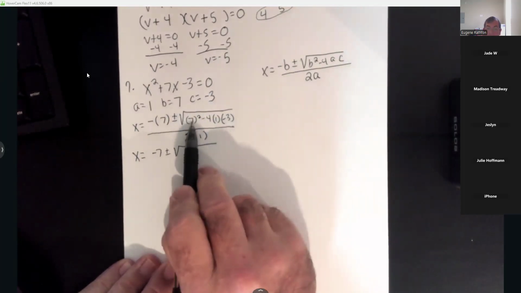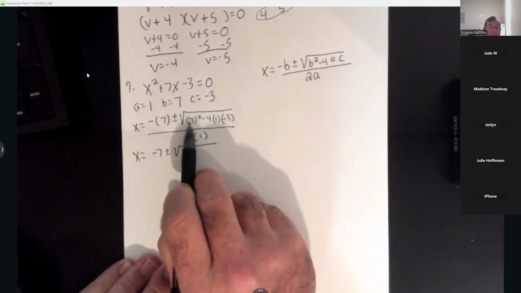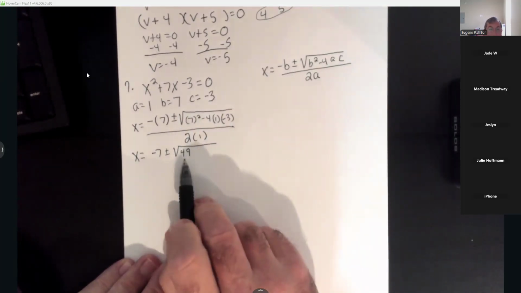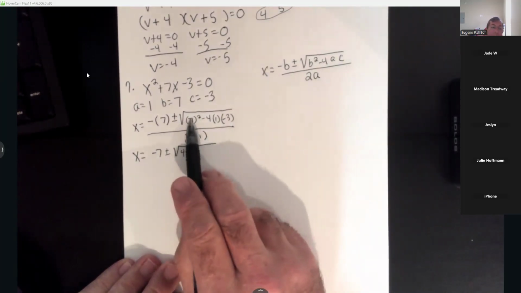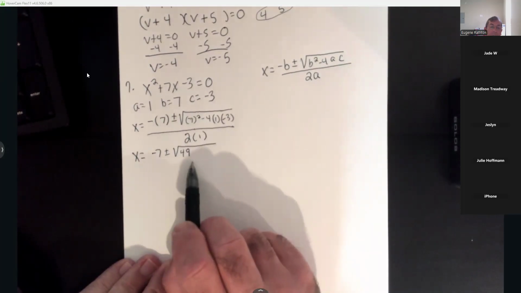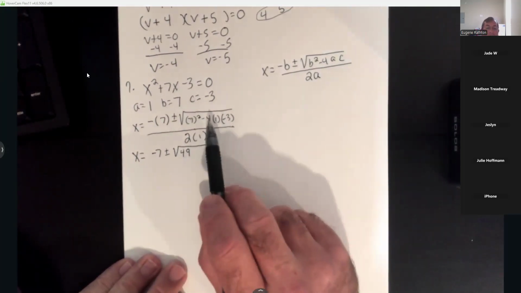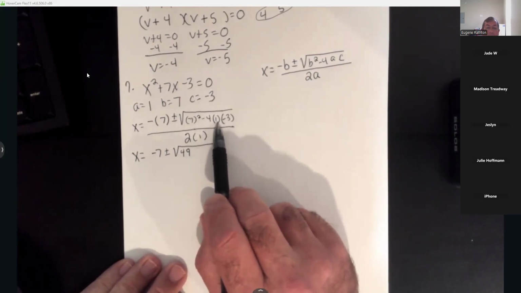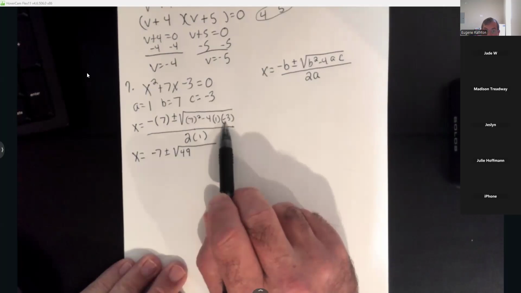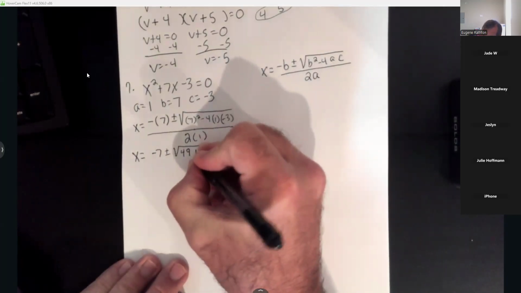Under the square root, 7 squared, 7 times 7 is 49. And that's always got to be positive. No matter what number you put here, it can be a positive or a negative number, when you square it, it will become positive. Now let's see what we got over here. -4 times 1 is -4. -4 times -3 gives me a positive 12.